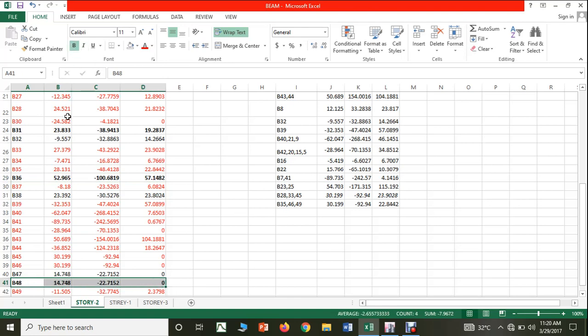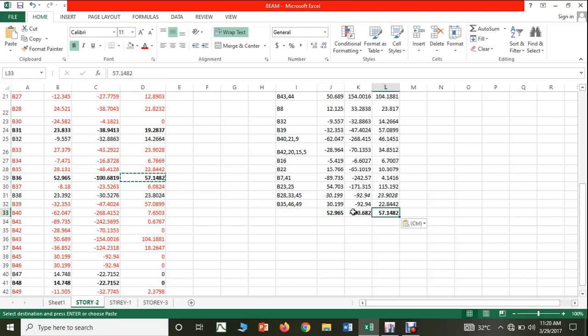Again, out of these three, the highest will be 52. Then minus 100, then the positive will be 57. Therefore I can have beam 31, 36, 48.